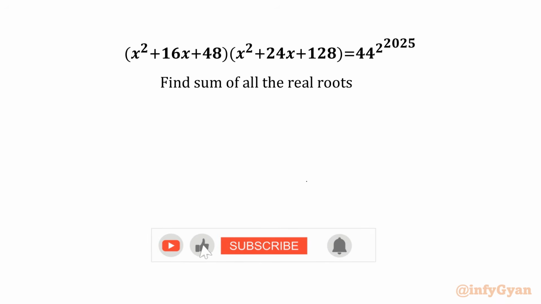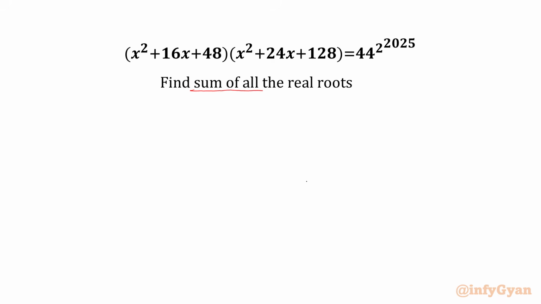Today in this video we have to solve another very interesting and challenging question from algebra. We have to find the sum of all possible real roots. Here we have 44 raised to the power 2 raised to the power 2025 on the right hand side, which is a very big number. I will assume 44 raised to the power 2 raised to the power 2025 equal to a.